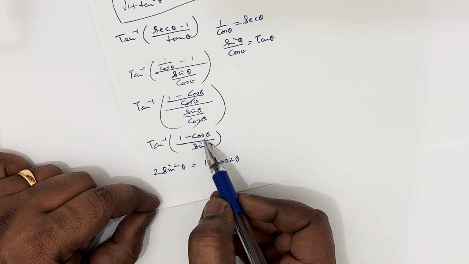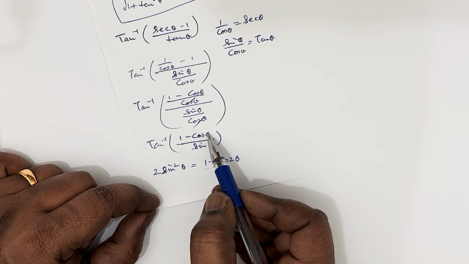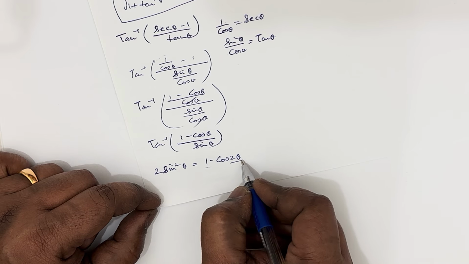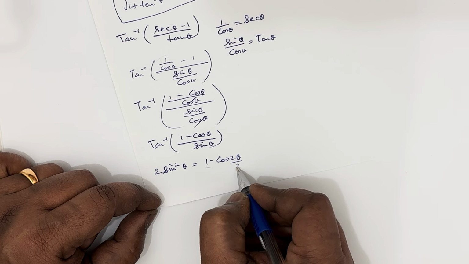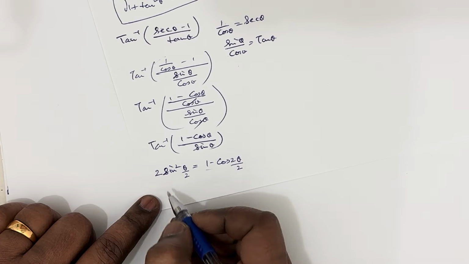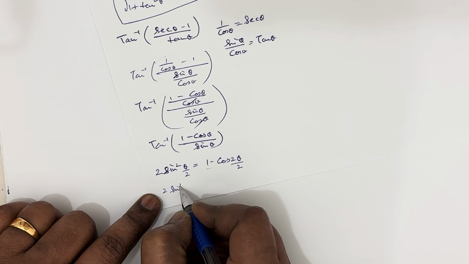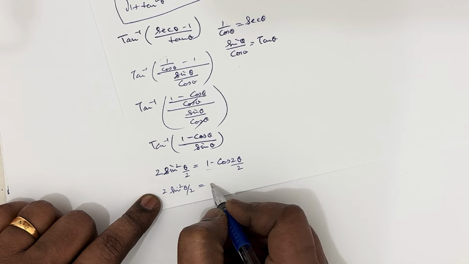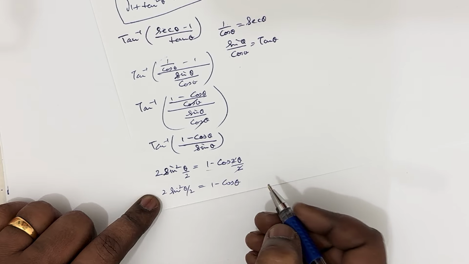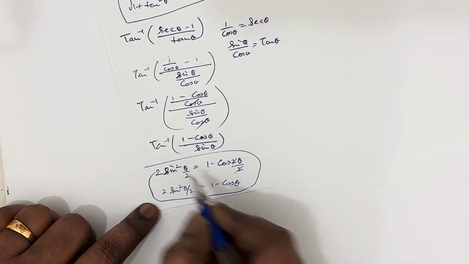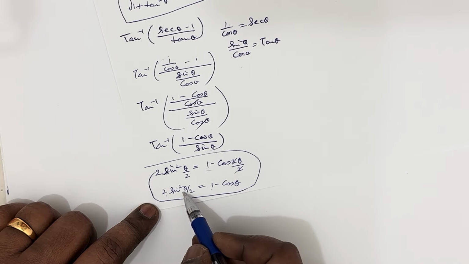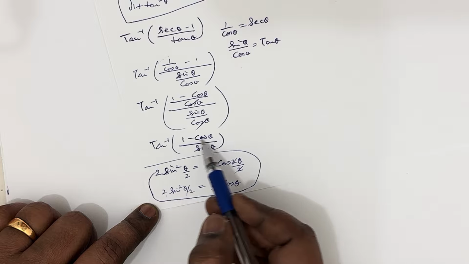But here we have 1 minus cos theta, while the formula has 2 theta. So let's divide the 2 theta by 2, and here both sides by 2. So this becomes 2 sine square theta by 2 is equal to 1 minus cos theta. So we can substitute 2 sine square theta by 2 instead of 1 minus cos theta.